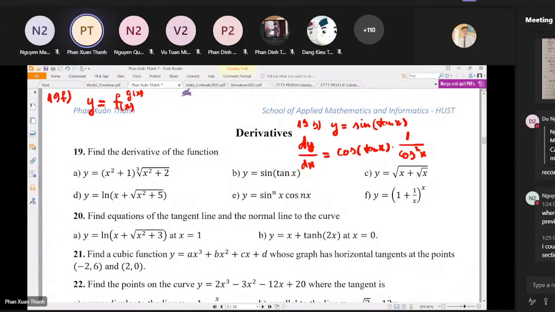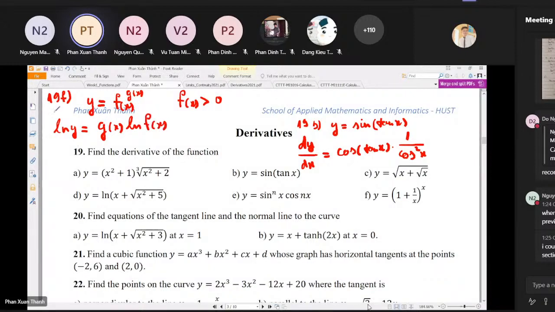Let's assume that the function f is positive. To differentiate, we can take the logarithm of both sides, where the logarithm of y equals g(x) multiplied by the logarithm of f(x).